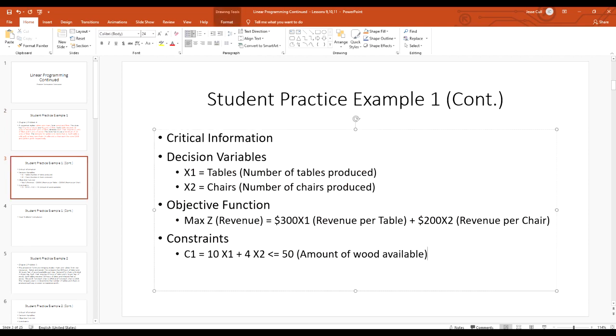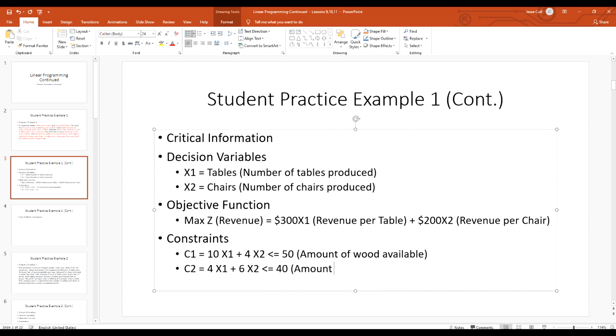as we move on to C2, which is the total amount of fiber available, is 4x1, which is 4 units of fiber per table, plus 6x2, which is 6 units of fiber per chair, must be less than or equal to 40.